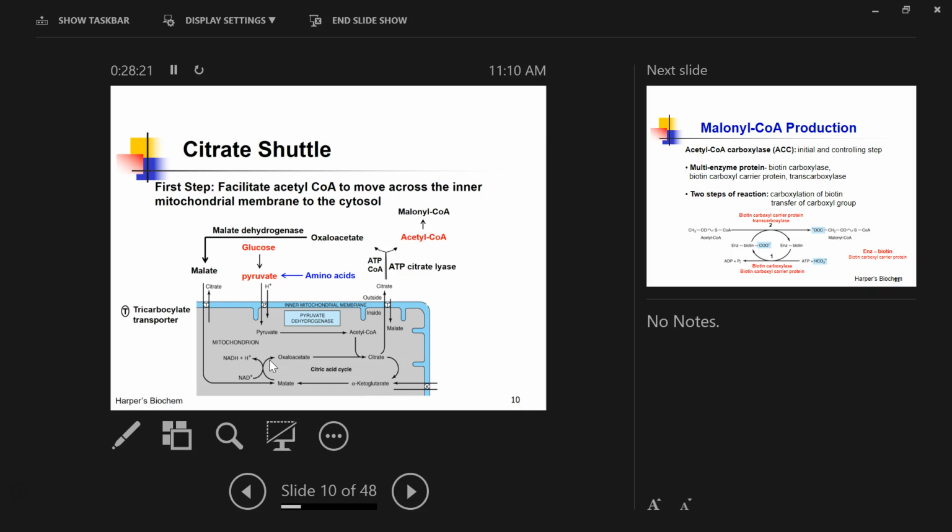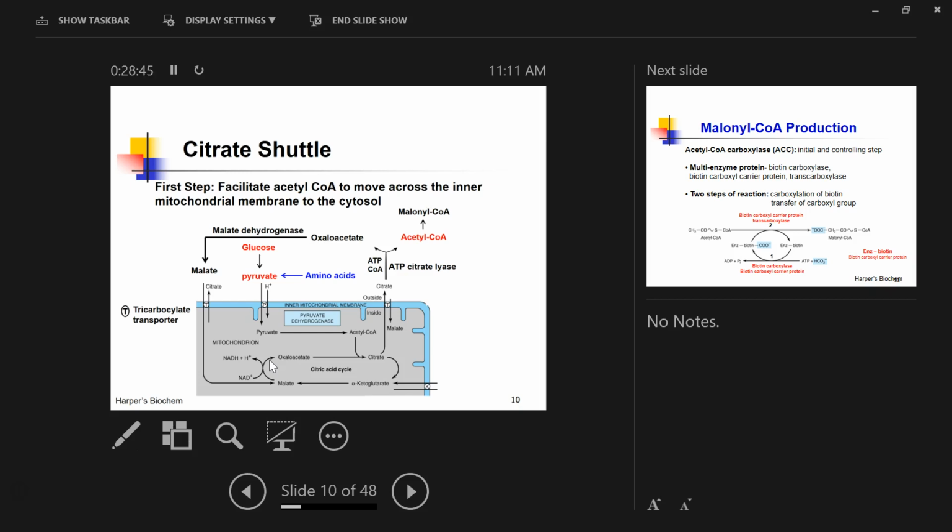So now I'm going to introduce the citrate shuttle. If you still remember the TCA cycle, right here, this is the mitochondria, right? And this is the cytosol, let's say. We just talked about the location of lipogenesis in the cell, in the cytosol, right? So lipogenesis occurs in the cytosol.